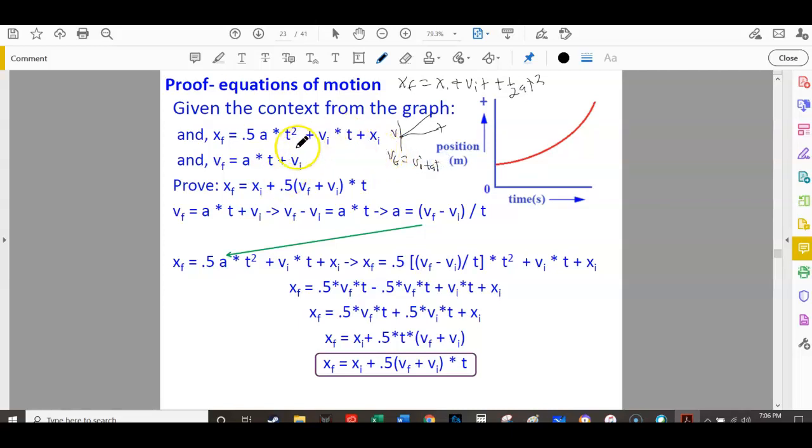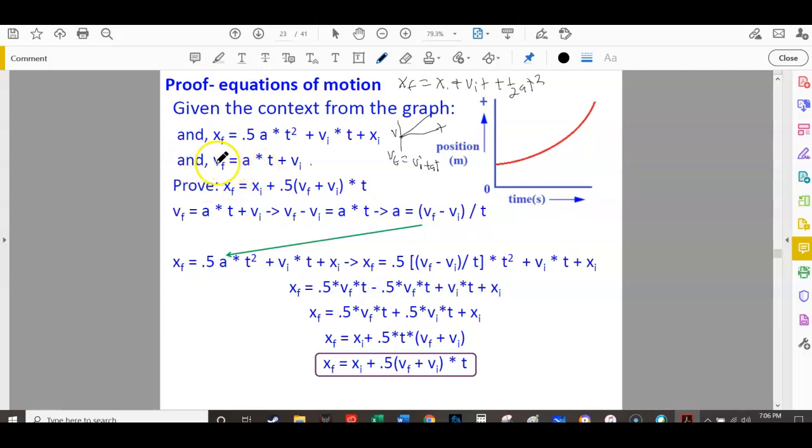Well, by merging these two equations together, okay, when you merge two equations together and you want to eliminate a variable, you take the more simple equation and solve it for the variable that you want to eliminate. In this case, we want to get a prediction equation for speeding up, slowing down type of motion, some type of accelerated motion, but without using the acceleration vector.